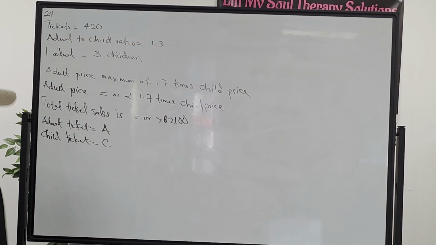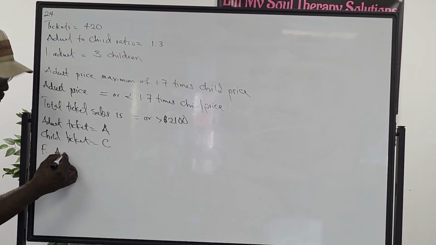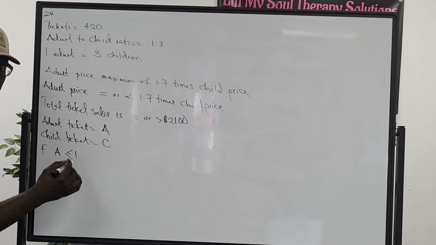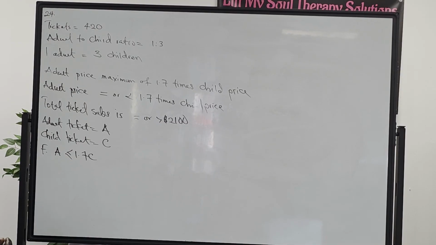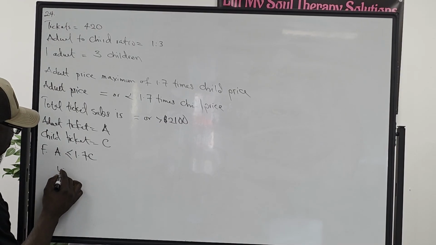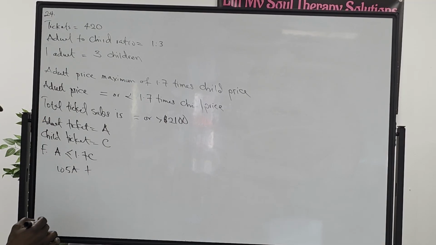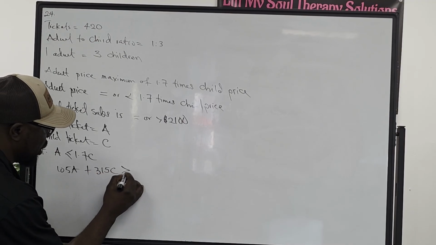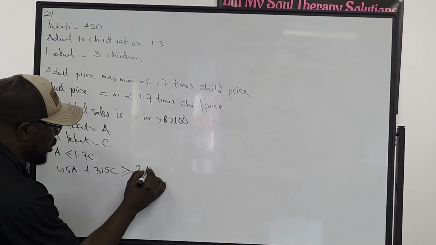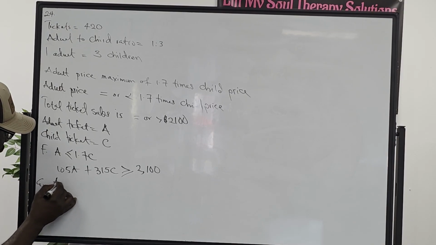So they give us option F. They say A is less than or equal to 1.7C, and that gives us 105A plus 315C is greater than or equal to 2,100.